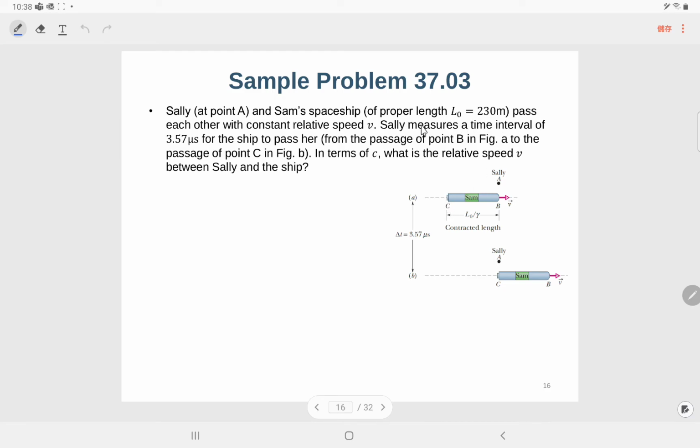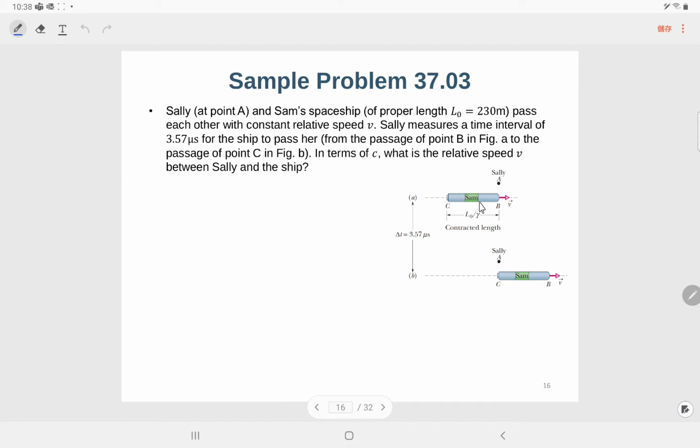So Sally measured a time interval of 3.57 milliseconds. At this point she starts the stopwatch, and when the ship passes point C she stops the stopwatch, and this delta t is 3.57 milliseconds.